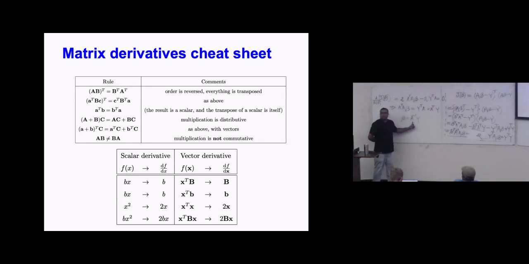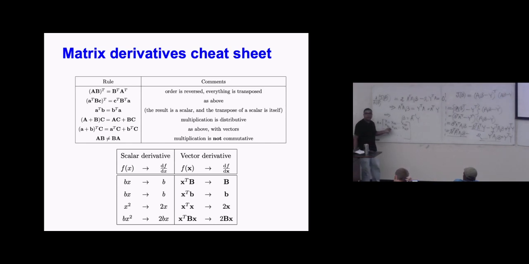What is A? Remember, A is your matrix of x's. Right? It's essentially x11, x12, up to x1p, x21, x22, up to x2p, and so on.